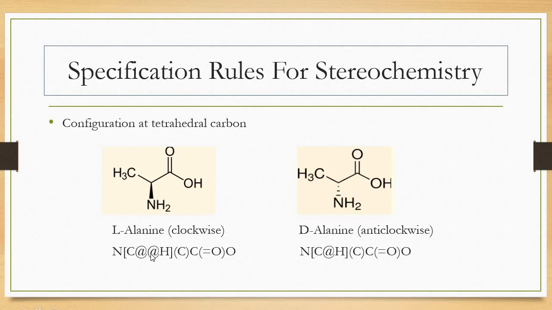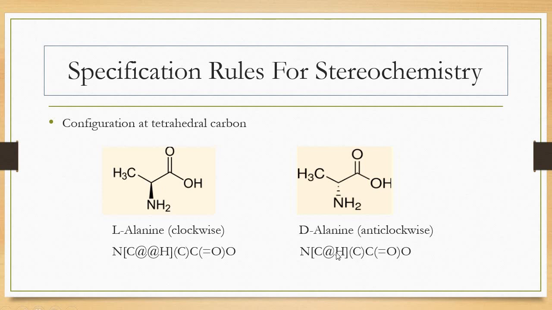If we use 2 @ signs, it indicates that when viewed from nitrogen along the bond to the chiral center, the sequence of substituents, that is the hydrogen, the methyl carbon and the carboxylate, appears clockwise. So the 2 @ signs represent clockwise arrangement of all the groups.